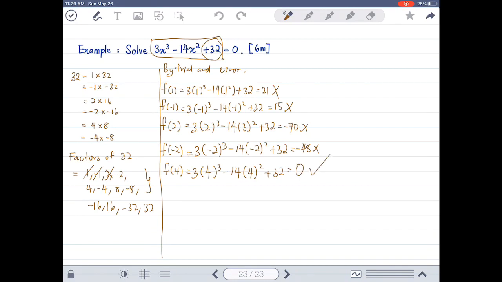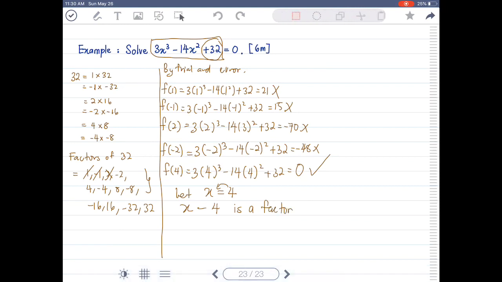Now we have found our factor after a long trial and error. So we let x equals to 4, hence x minus 4 is a factor. Okay, we found one factor.